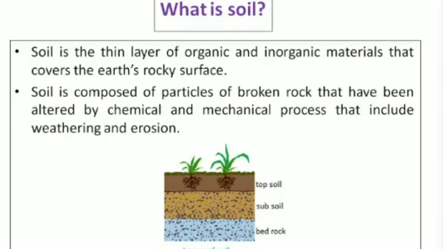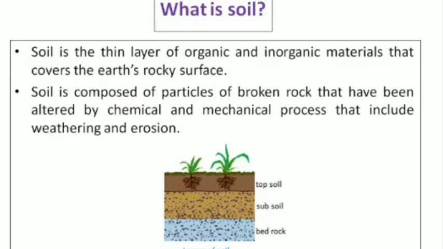Humus contains a lot of dead plants, leaves and animals, which are slowly decayed by soil bacteria, and naturally it forms humus. The nutrients in this humus are utilized by the plants for their growth.